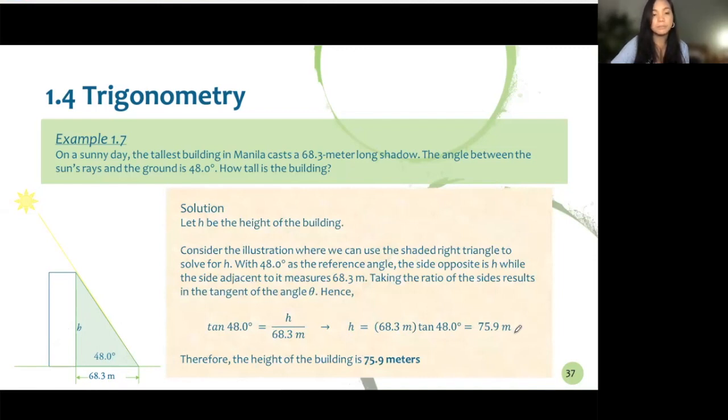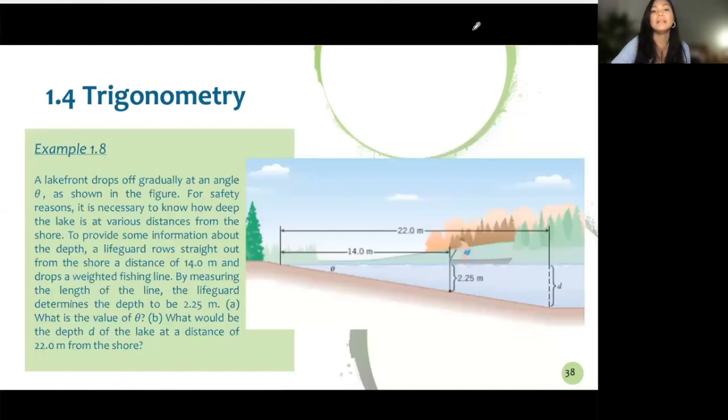Let's have another one. Okay. Now, guys, here it is. I will not read the problem. I'll just look at the figure because I want you to learn how to. This is the angle. This is the opposite.